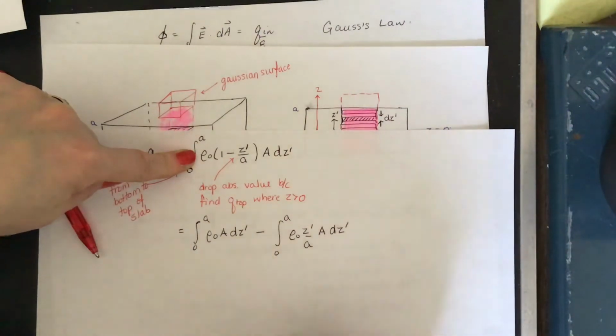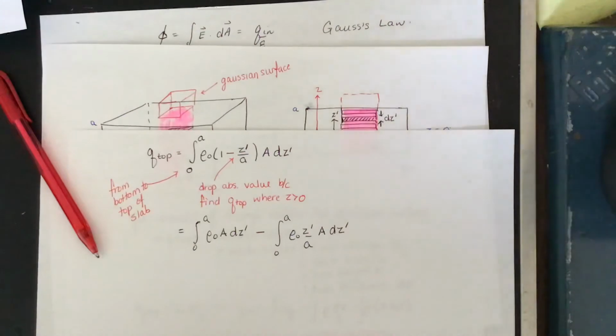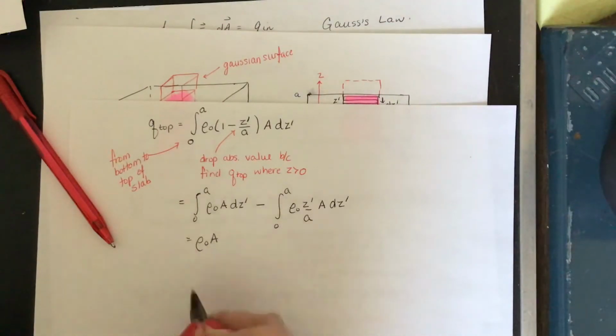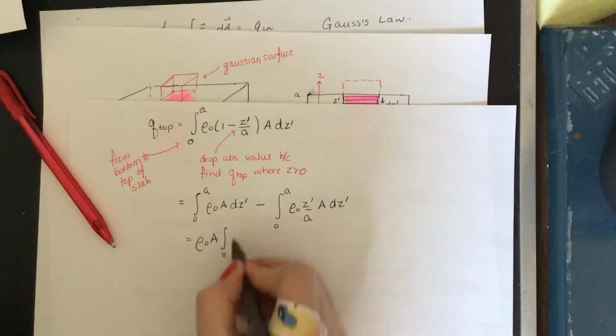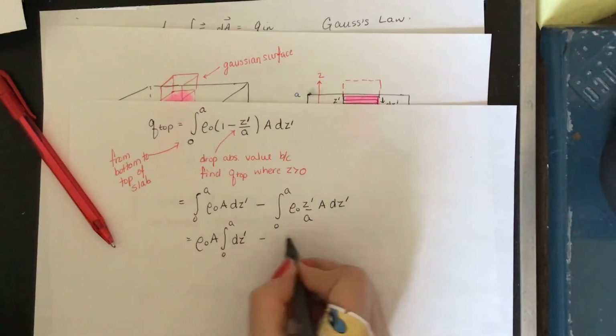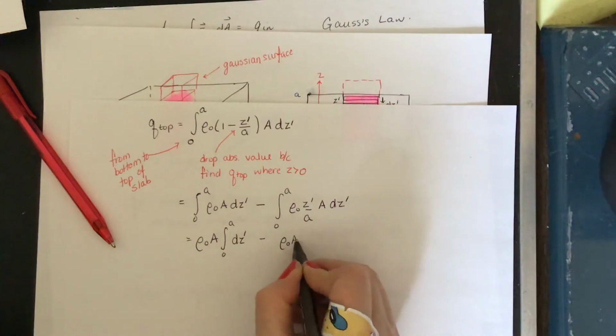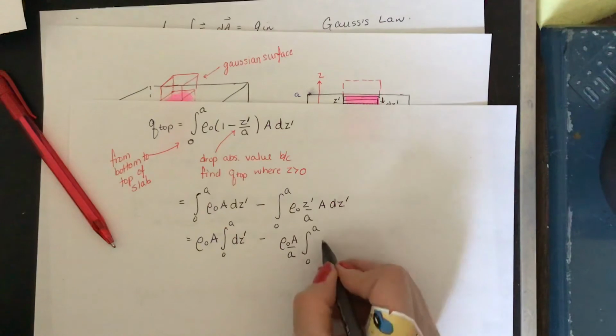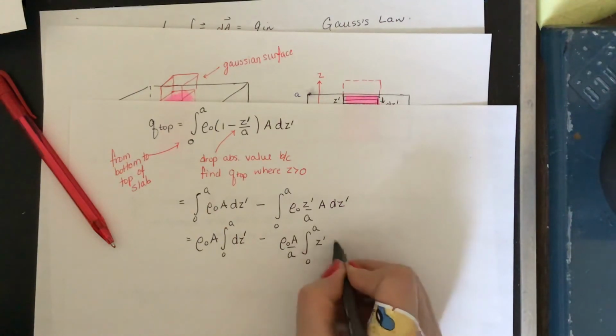So there's our integral we're going to manage. Let's see what we get. Rho naught and A come outside the integral from 0 to a of dz primed. Take our constants out front too: rho naught times area divided by thickness, times the integral from 0 to the thickness of z primed dz primed.